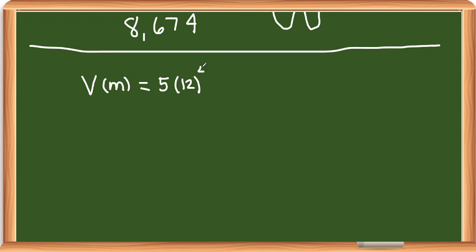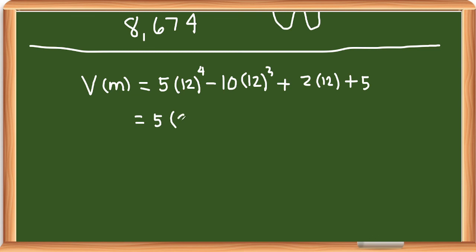Raised to the 4th power minus 10 times 12 cube and then plus 2 times 12 plus 5. Okay, so this is equal to 5 times, what is 12 to the 4th power? We have 20,736.